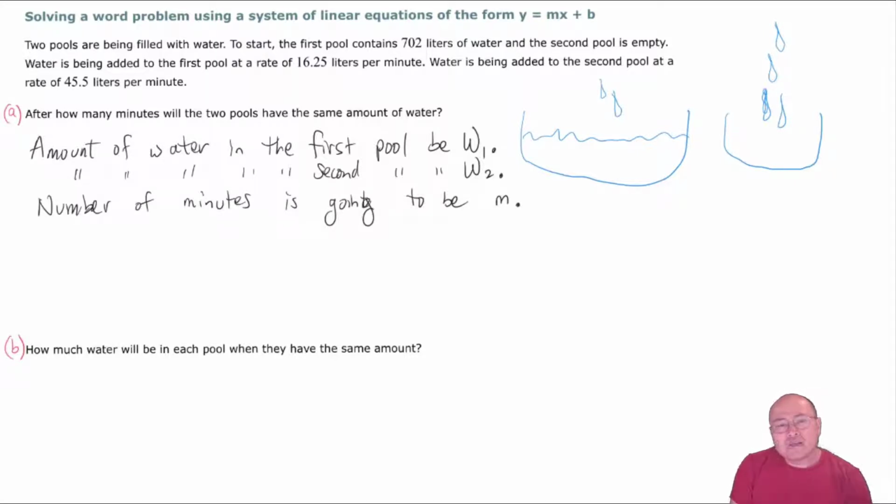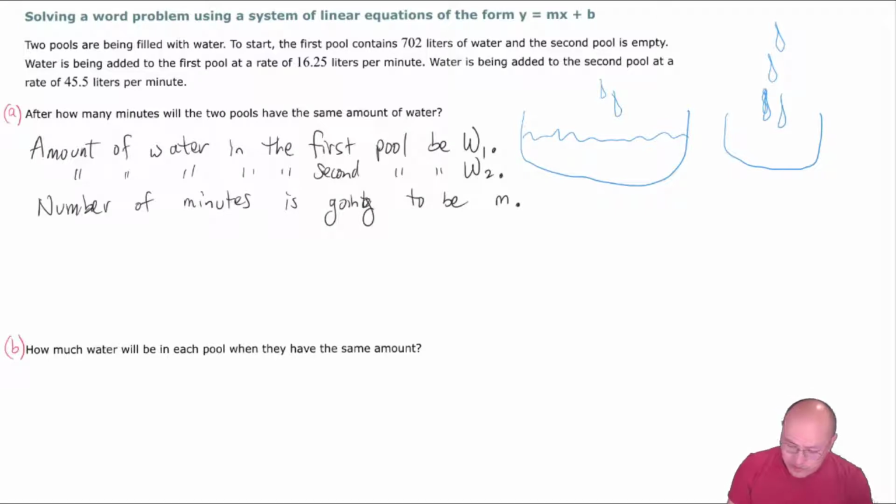Let's find the amount of water in the first pool. Let's go back and read the problem again. The first pool contains 702 liters of water. And water is being added to the first pool at a rate of 16.25 liters per minute.